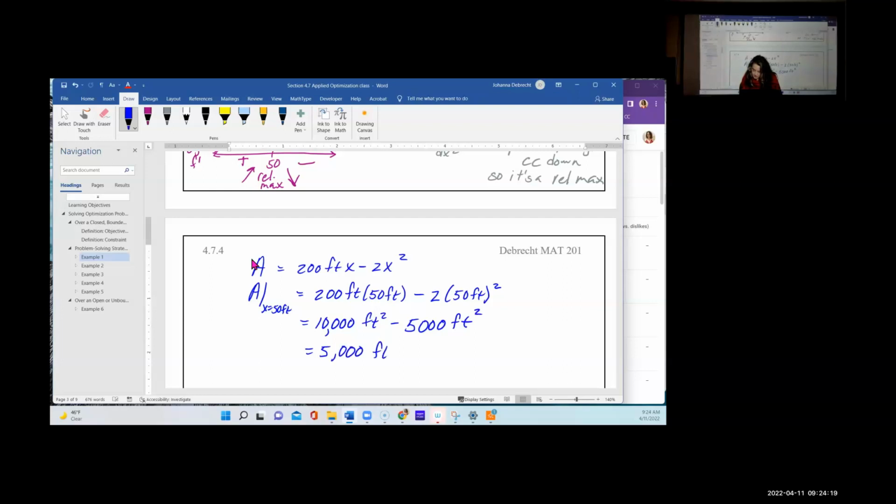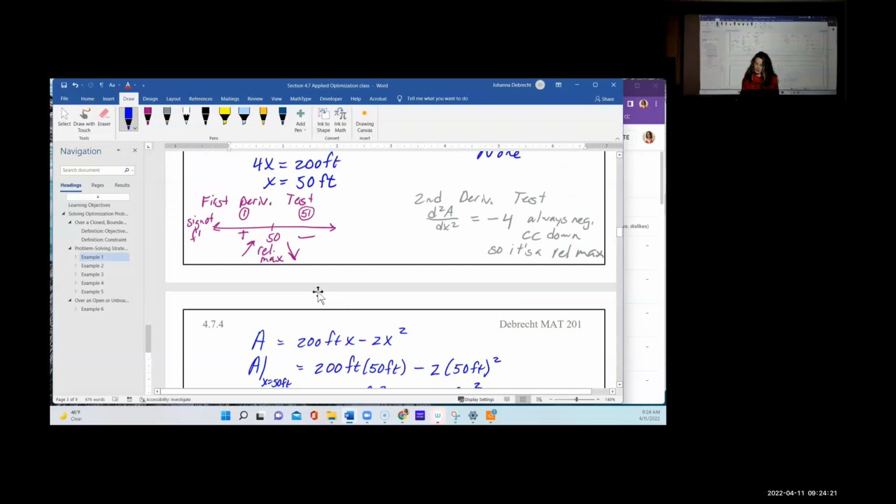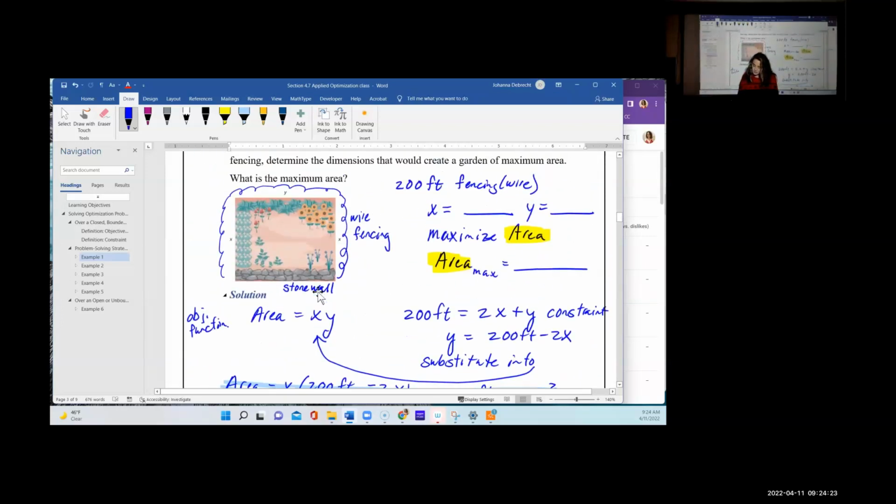5,000 square feet. So going back up to the beginning, I can fill in x is 50 feet, area is 5,000 square feet. How do I find the value of y? In the original formula, you just plug in the area and x and then divide the area by x and get y.